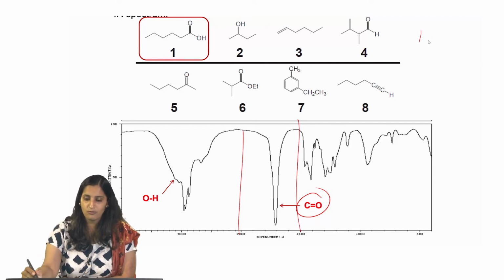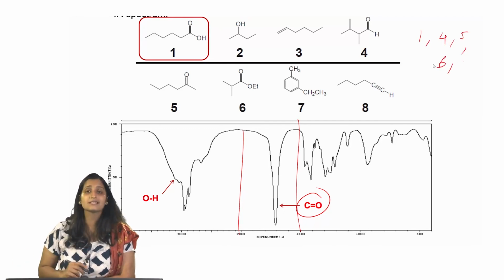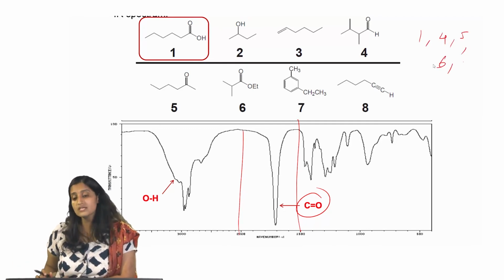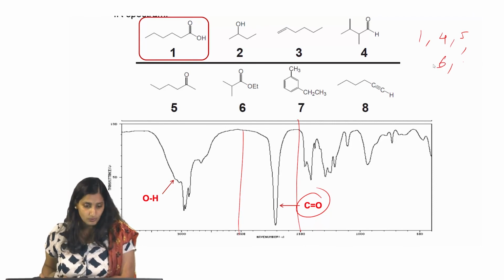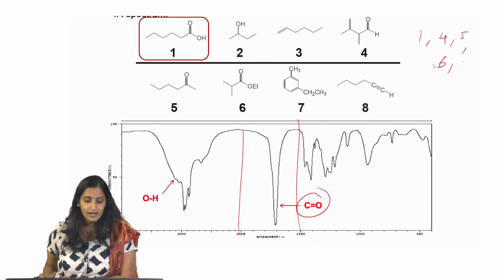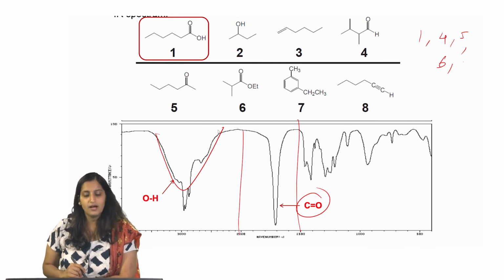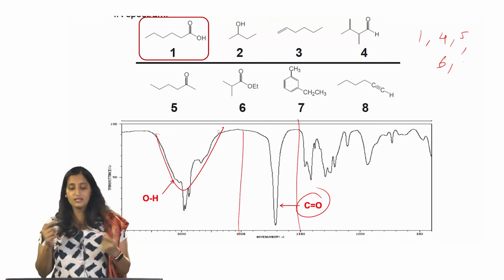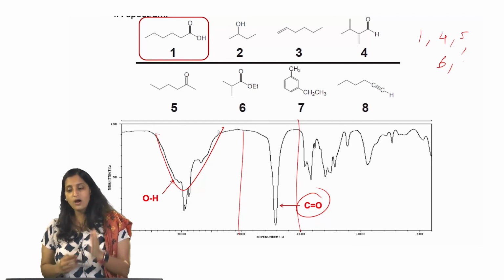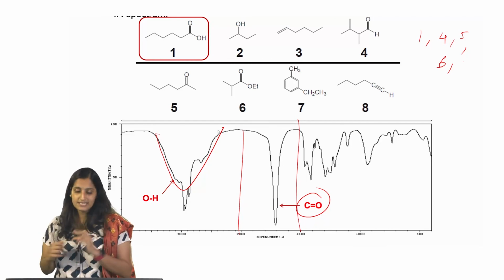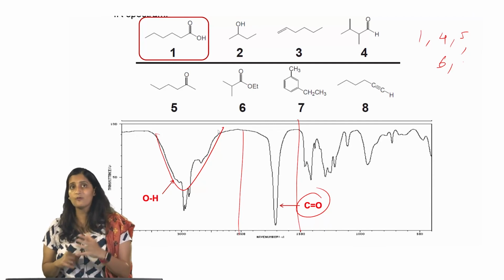So, the possible options are 1, 4, 5 and 6, because these molecules contain a C double bond O. But I also have a very broad peak here, and that broad peak is because of hydrogen bonding.